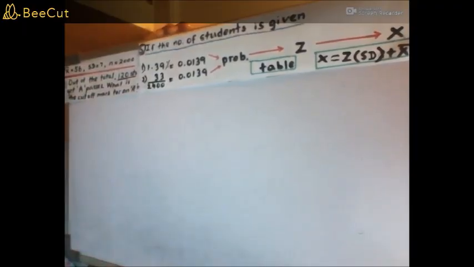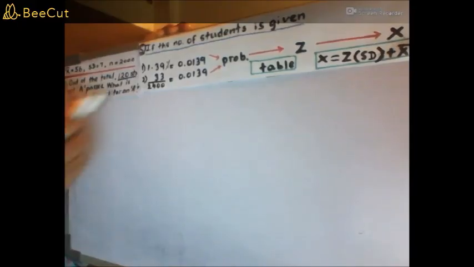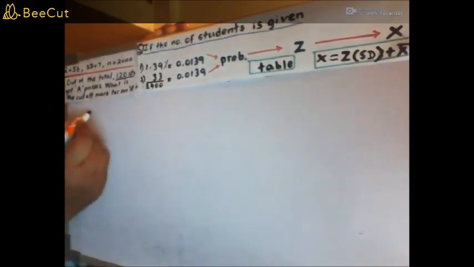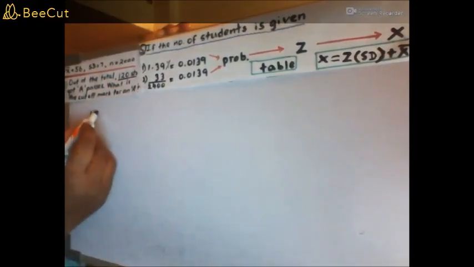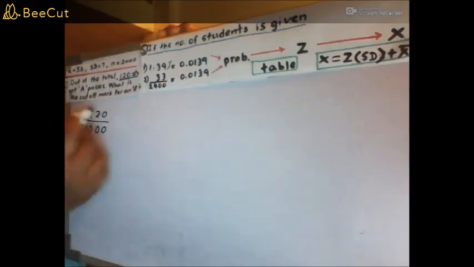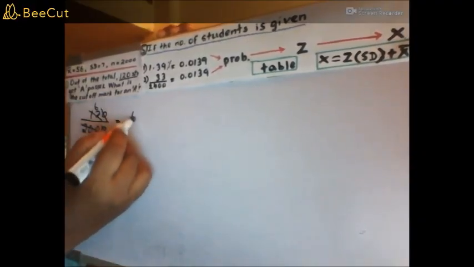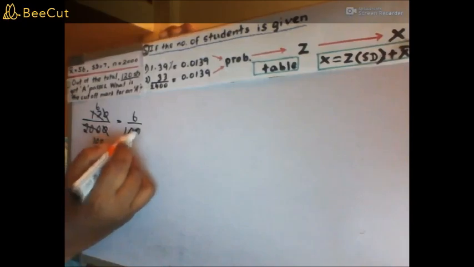Now we'll follow this route. How is the number of students given? As a ratio, 120 students out of the total. So we have to get the probability. 120 out of 2000, so we'll do it like that. It's 6 divided by 100.